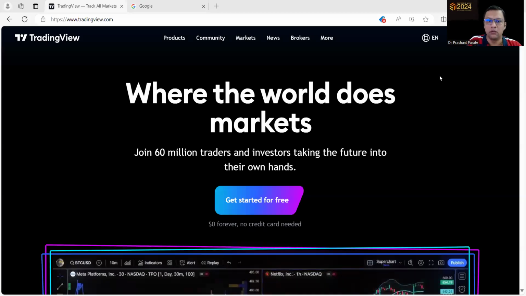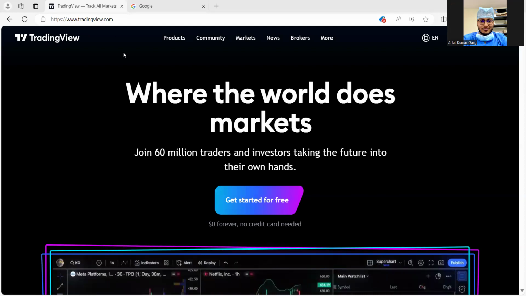Okay, is this visible? Black screen, TradingView. Yes, sir. Okay, just 1 minute. Let me log in from my desktop as well so that I will be able to understand what is going on the chart.